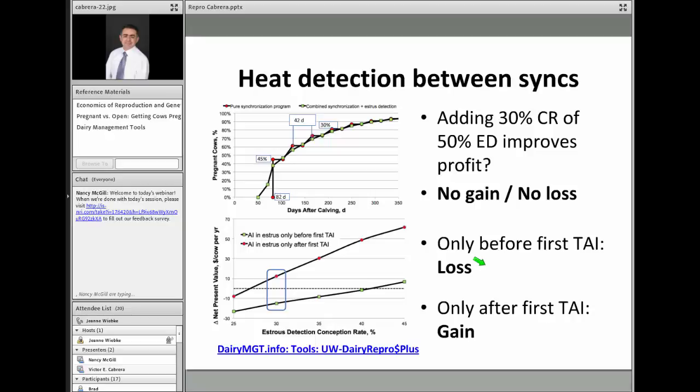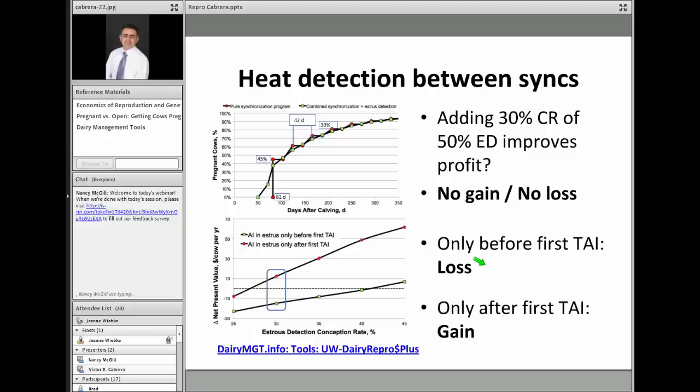For example, in this graph on the top left side, we can see two potential reproductive programs. The baseline in this case is the red circle curve, in which it was 100% time AI, pure synchronization, with the first breeding at 82 days and a very high conception rate of 45%.